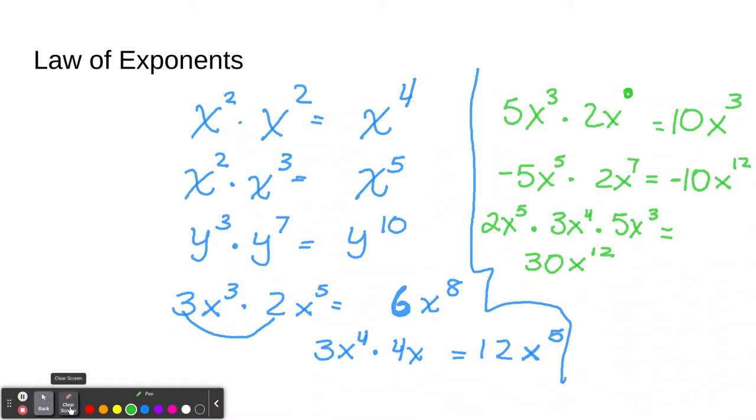So let's clear this out. Let's do some more with some different variables. Let's say I had 4x squared y times 7xy cubed. I think this one would be... So again, they have the same constants over here with no exponents attached, so we'll just multiply that, 28.